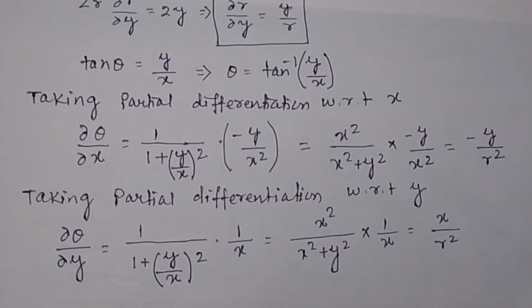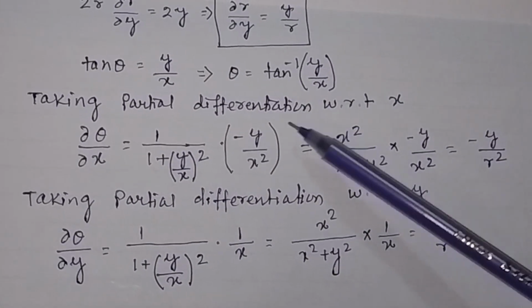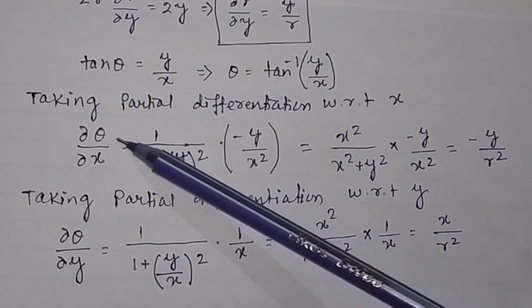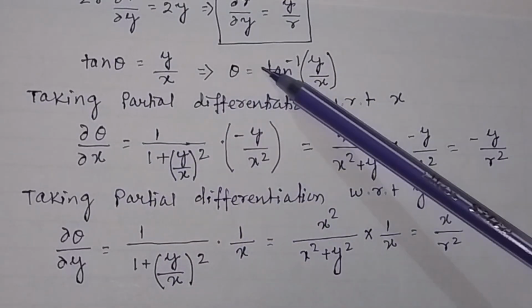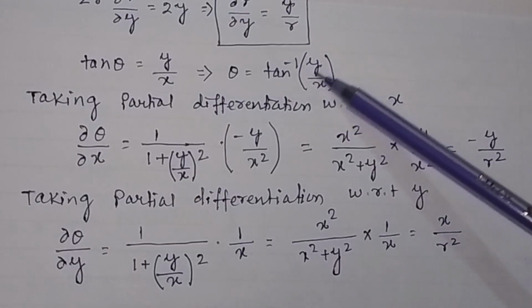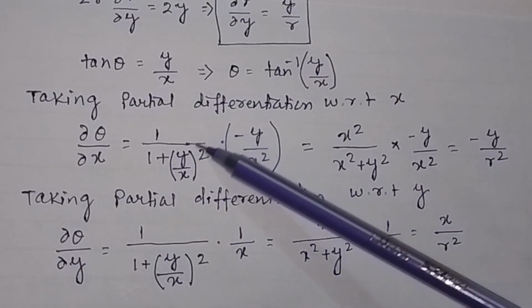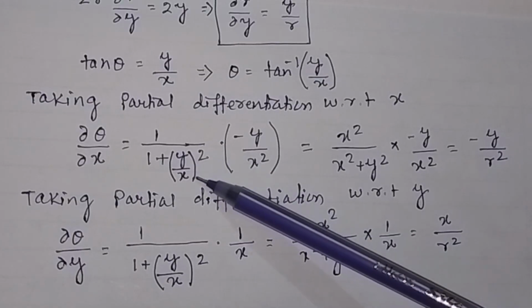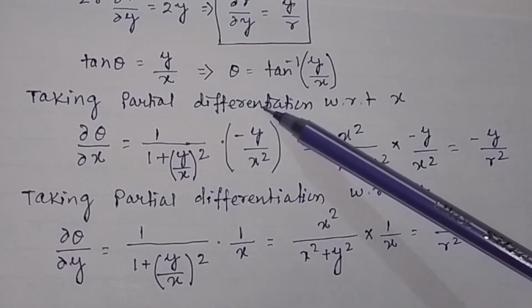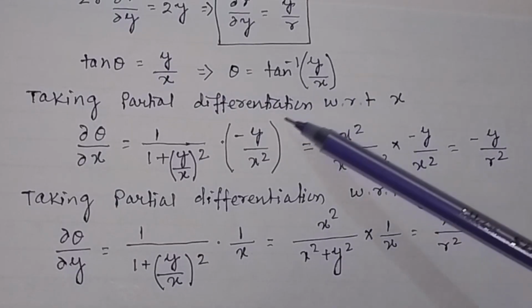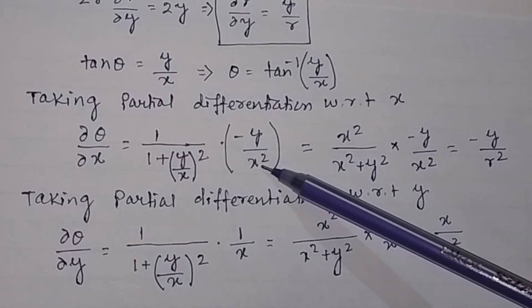Now taking the partial derivative of theta with respect to x, that is the partial derivative of tan inverse y by x, which is equal to 1 divided by 1 plus y by x whole square, times the derivative of y by x with respect to x, which is minus y divided by x square.